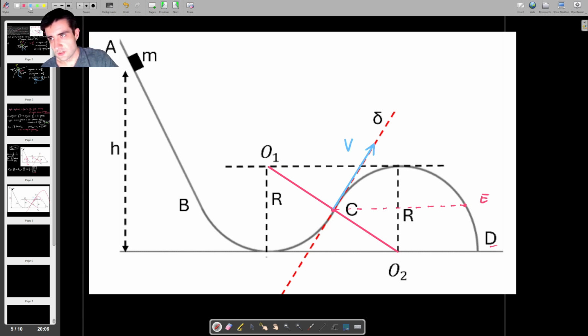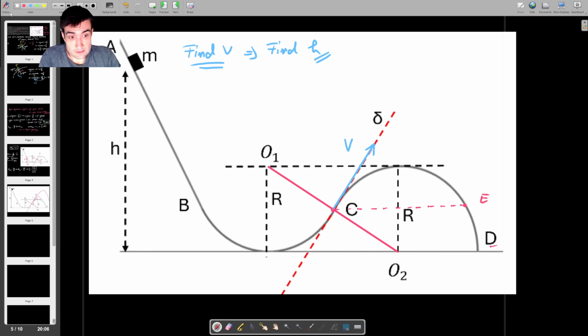From energy conservation, we can find velocity. If we have the height, we can find velocity, but it works backwards too. So we're going to find v, and then through energy conservation, we're going to find h.